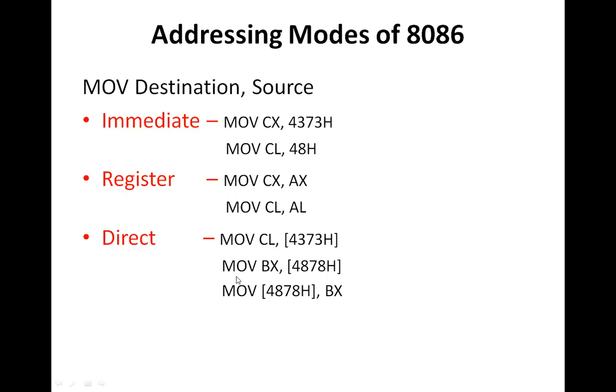Second instruction is move BX 4878, and 4878 is written in a bracket. If this bracket is not present, then 4878 itself is going to be copied into BX. But here it is not so. Since it is written in the bracket, it represents the effective address of the memory, whose base address is given by the data segment.